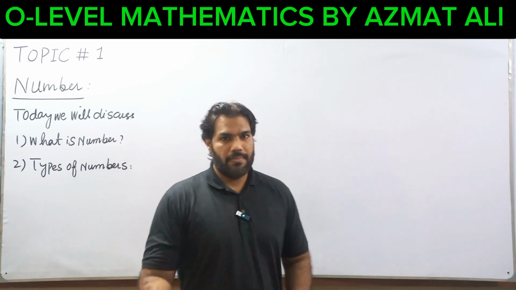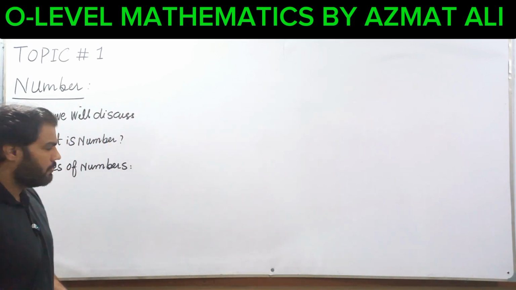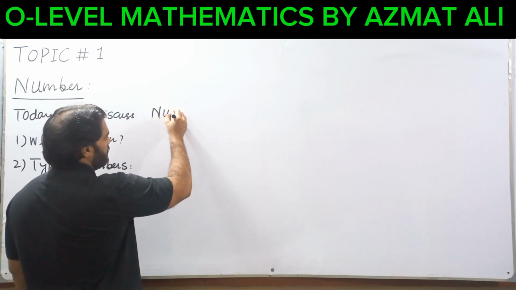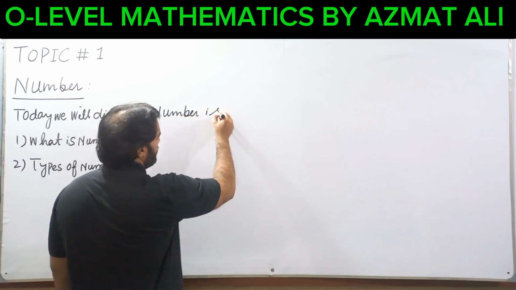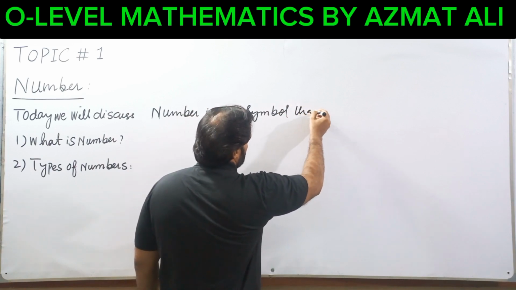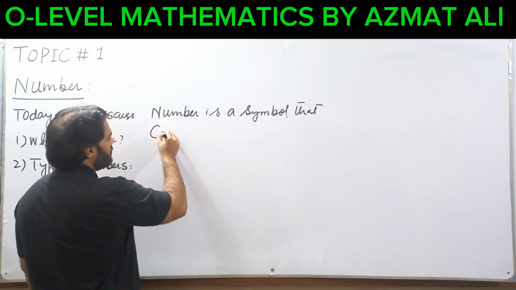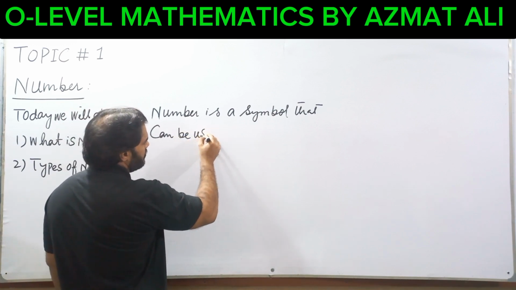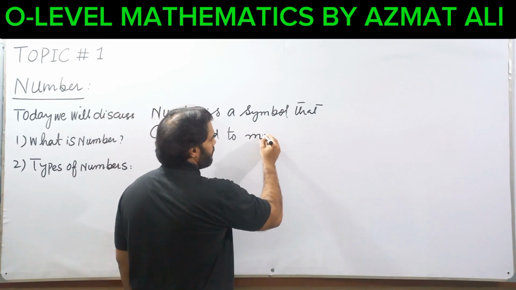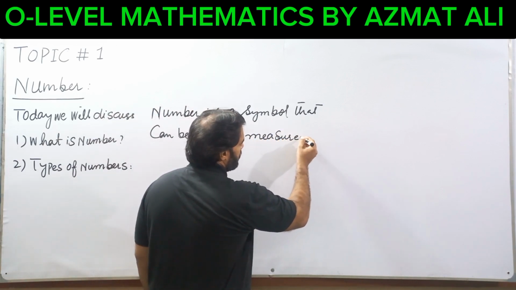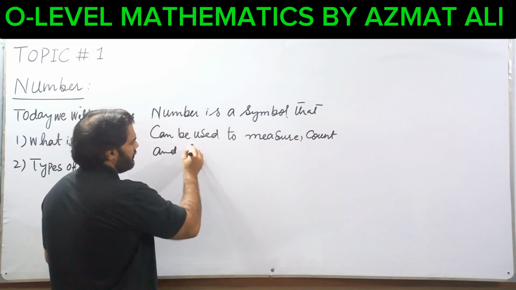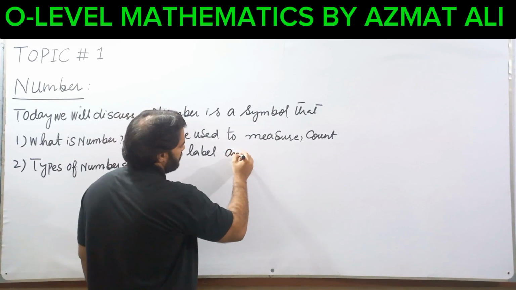So firstly, what is a number? How can we define a number? What is the definition of a number? A number is a symbol that can be used to measure, count and label an object.